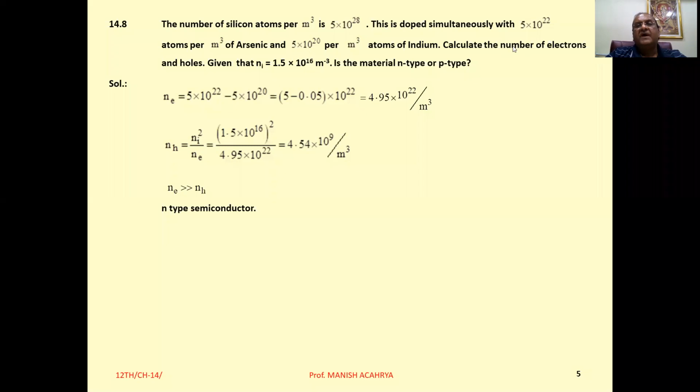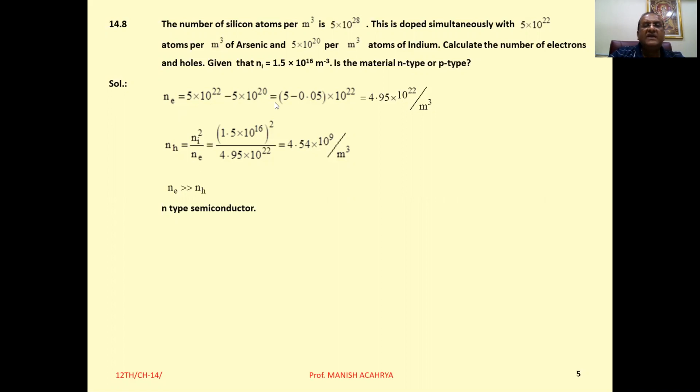So 5 into 10 raised to 22 free electrons are there and 5 into 10 raised to 20 free holes are there. So electrons will combine with holes and therefore resultantly the number density of electrons obtained will be 5 into 10 raised to 22 minus 5 into 10 raised to 20.